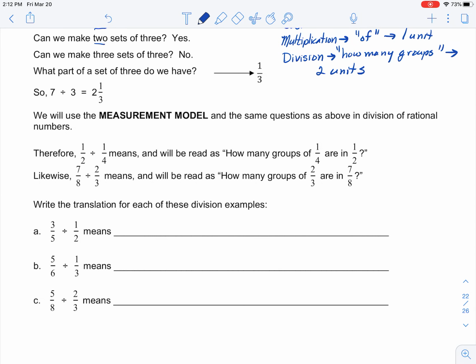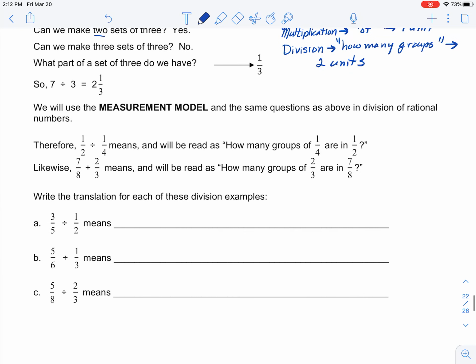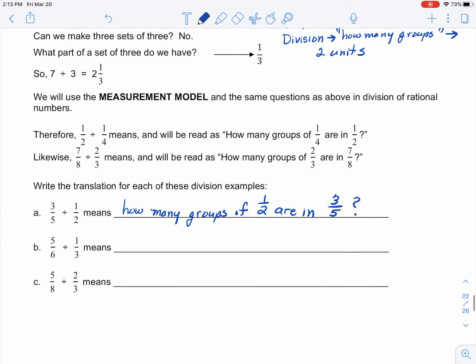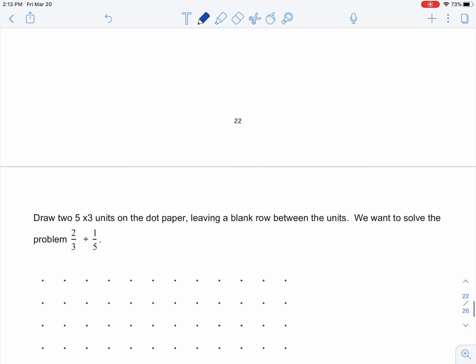So be sure you're able to translate these division examples. 3/5 divided by 1/2 means how many groups of, and you're asking how many 1/2s are in 3/5. So we'll fill in the rest of these, and you can check these with the key.